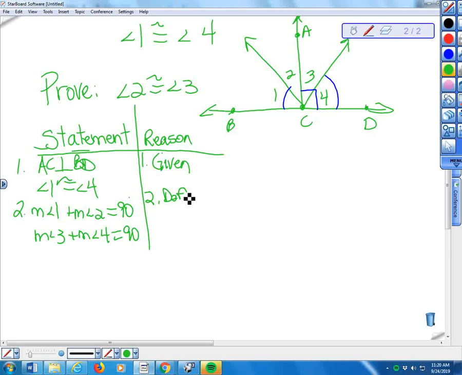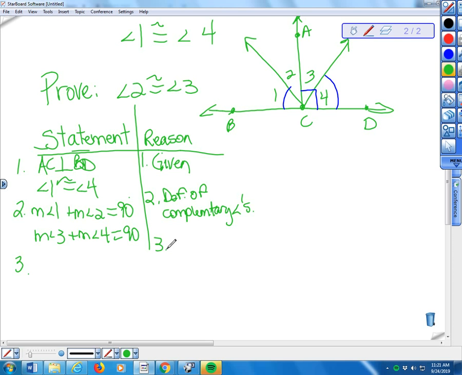Definition of complementary angles, because they're complementary. Now what can I do if I've written that? Set them equal to each other?